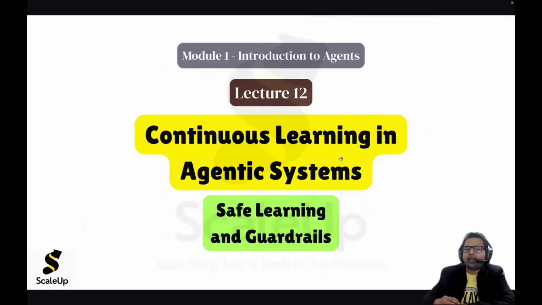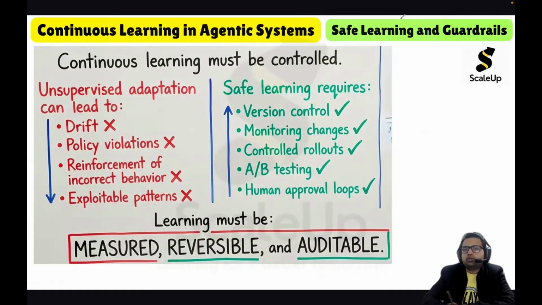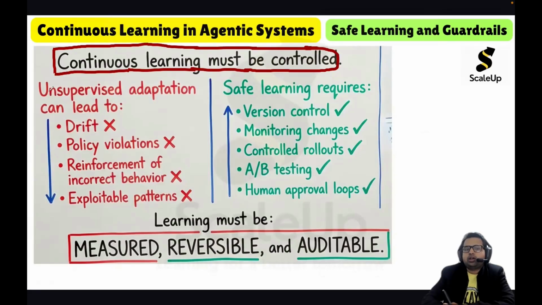Safe learning and guardrails. Okay, now it's very important. When we talk about continuous learning in an agentic system, that learning has to be safe learning. So the idea is continuous learning must be controlled, because unsupervised adaptation can lead to drift, drift from the goal.